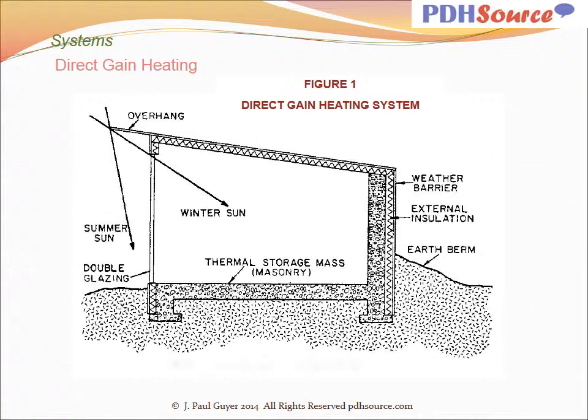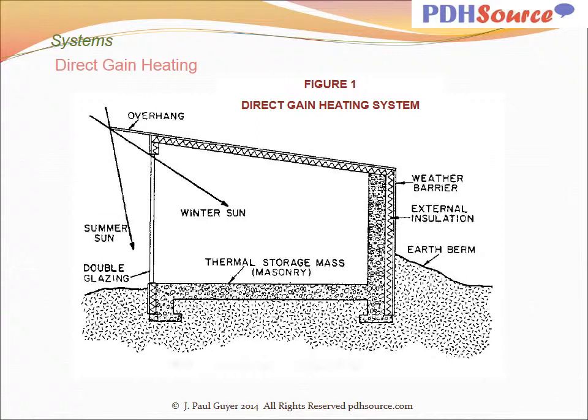Figure 1 indicates schematically the key elements of a direct gain heating system. You have the south-facing apertures, that is windows. You have double glazing or triple glazing on those windows because you want to benefit from the radiant heating from the sun passing through the window, but you do not want to then lose that heat by conduction if you have a poorly insulated south-facing wall.